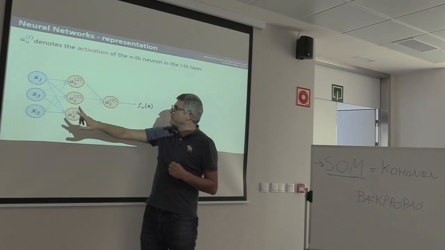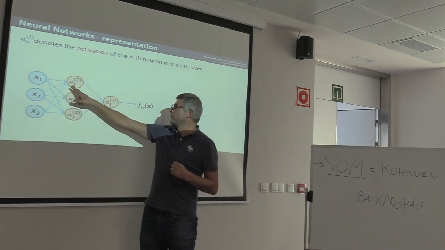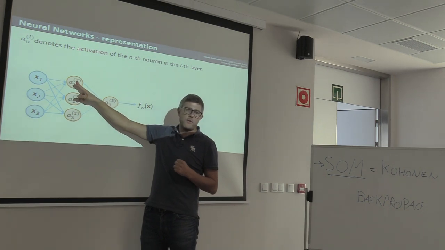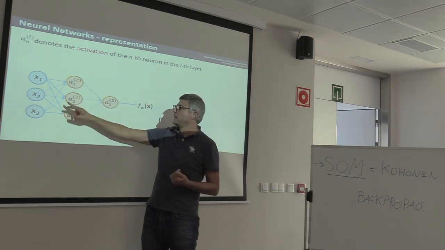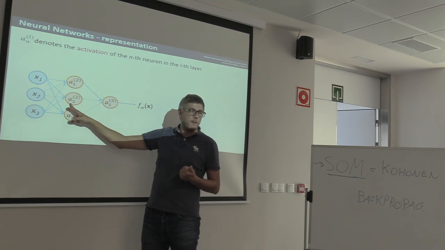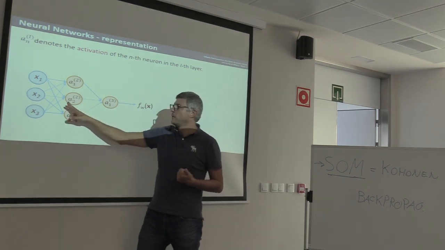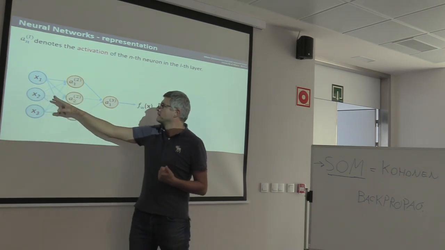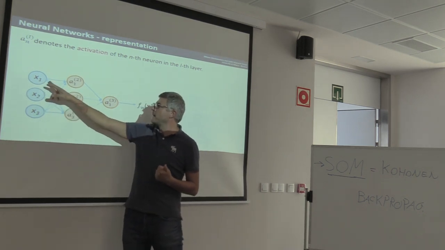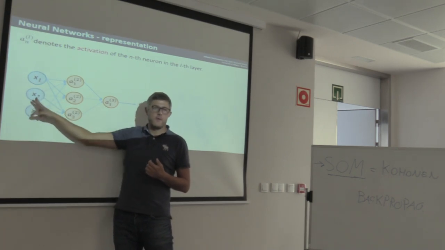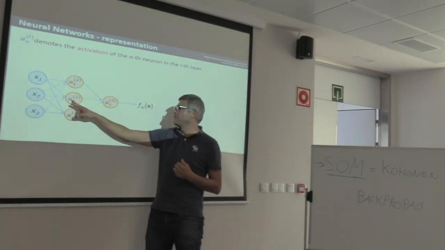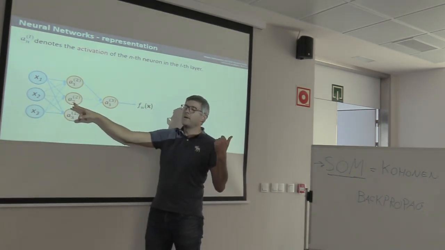So this is the activation function of the first neuron in the second layer, which is the hidden layer. The same here. Here we have another neuron, and with 3 weights, we will get a linear combination of this input to get the activation function for the second neuron in the second layer.